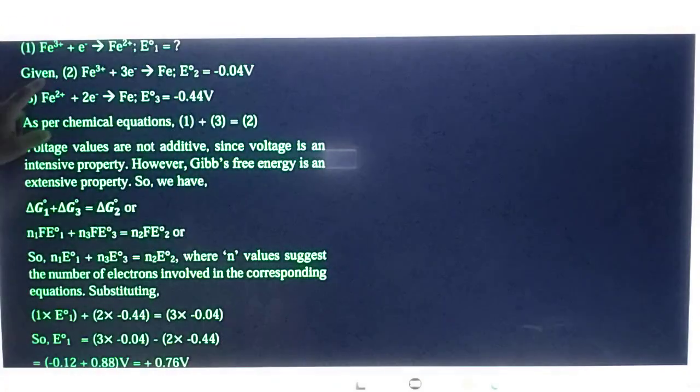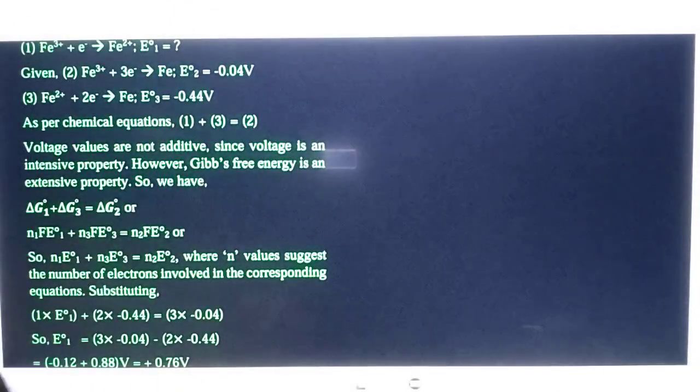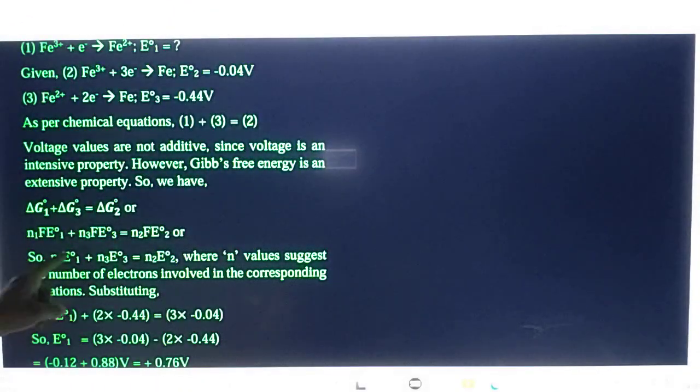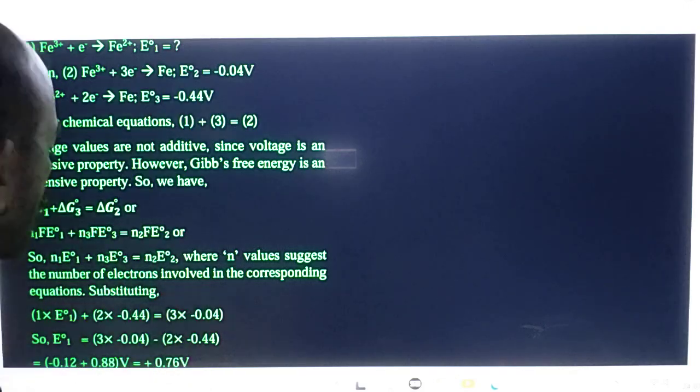From where do you get n1, n2 and n3? These are nothing but the number of electrons involved in those particular equations. If F is common, it cancels off. So what remains? n1 E01 plus n3 E03 giving n2 E02.